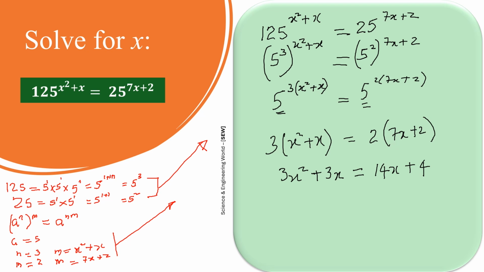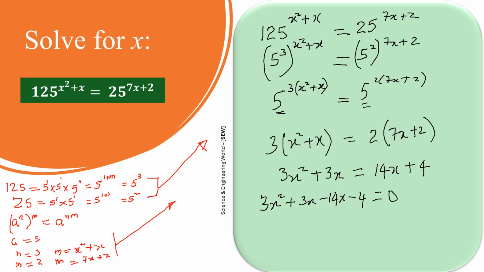Now let us combine them into one side, especially the left hand side. We have 3x squared plus 3x. Then we bring 14x to the other side, it becomes minus 14x, and we also bring 4 to this side, so we have minus 4 equals 0.